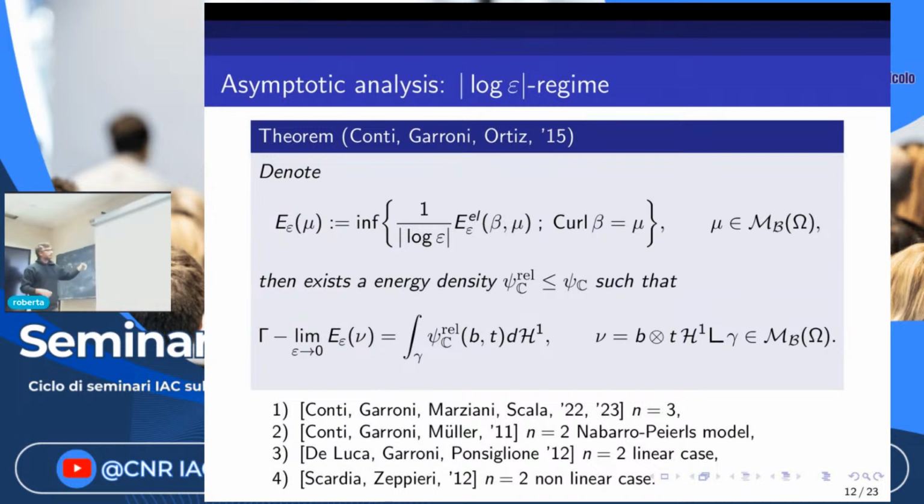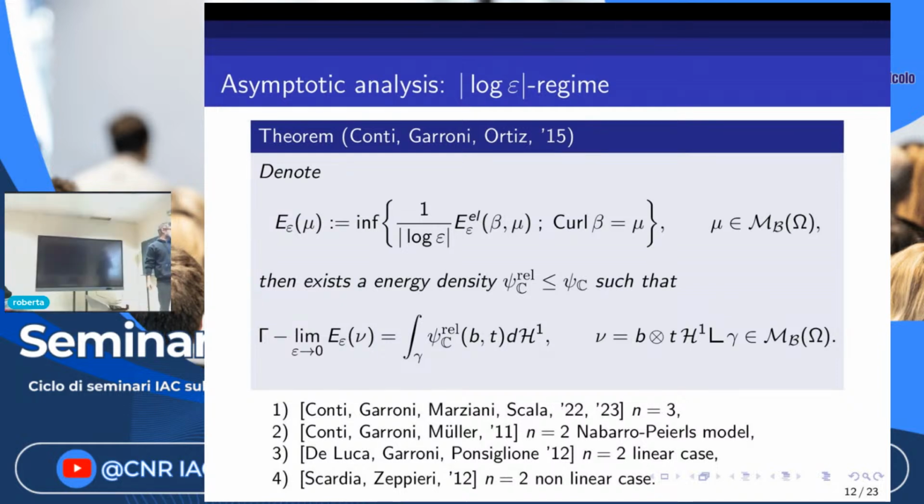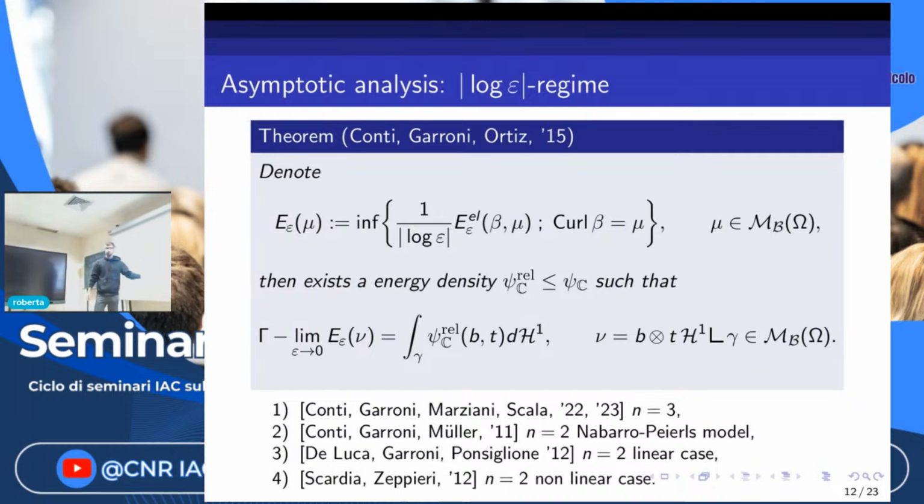And in the sense of gamma convergence, this energy converges not, as I said before, to something that has CC as an energy density, but to something that has an energy density which is lower in general than CC, which is this one. Again, this is the length measure, so this is simply a line integral over the dislocation.